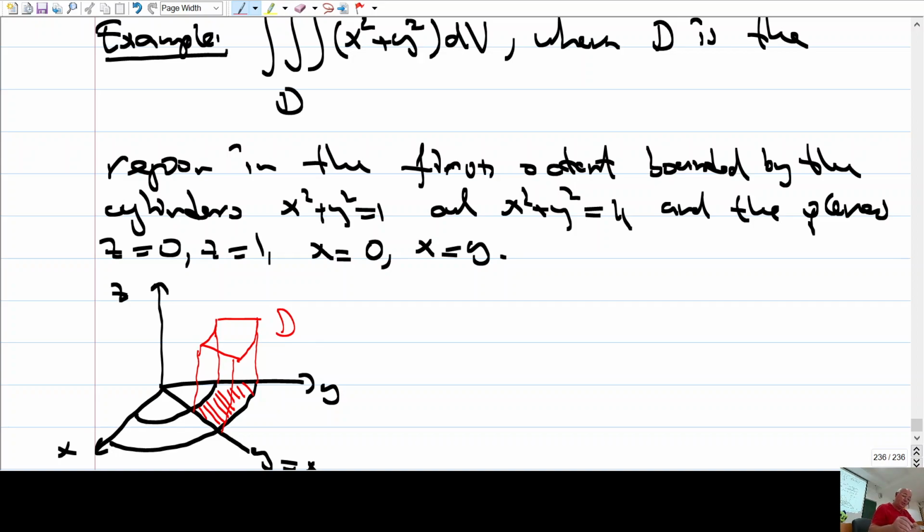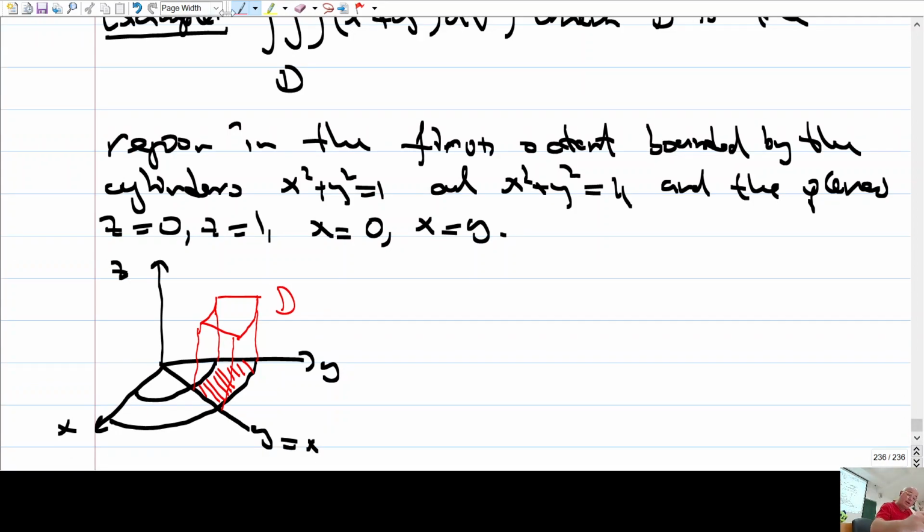So this is a region in xyz space. I can write this in cylindrical coordinates. Well, clearly z is ranging between 0 and 1.